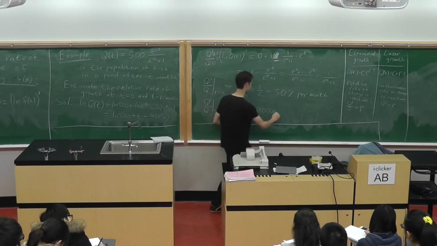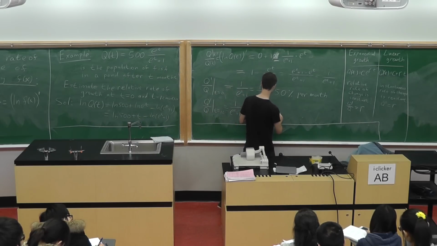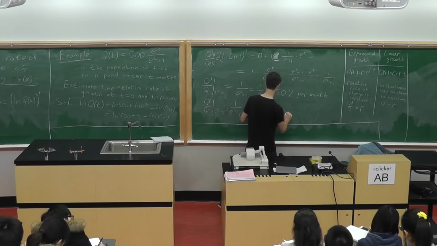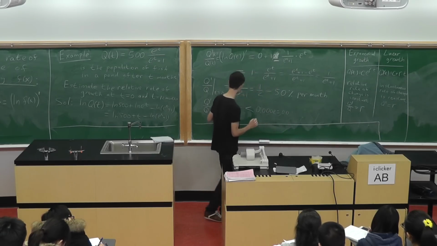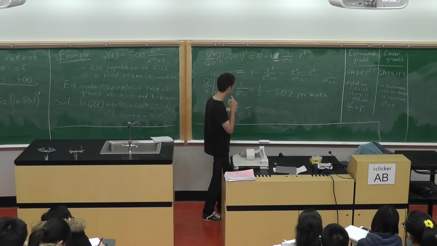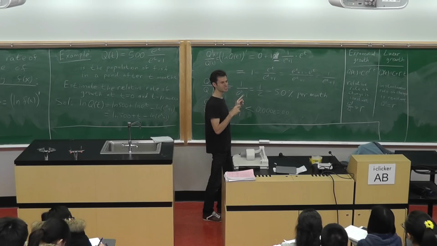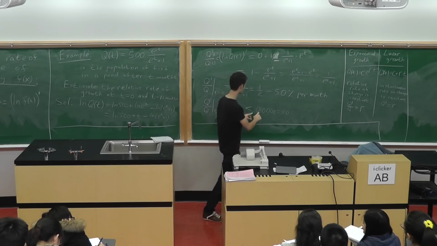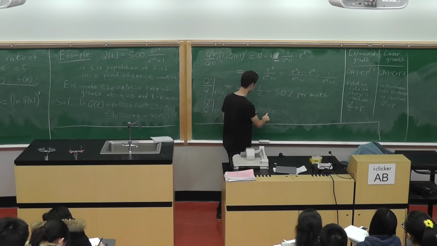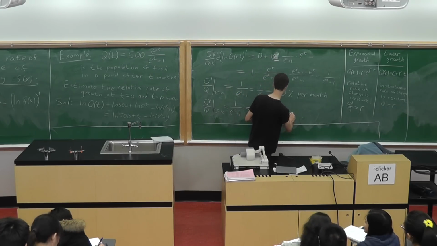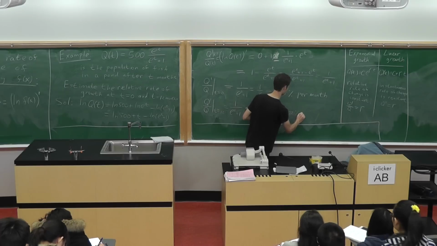Do I have one too many zeros? No, it's okay. So 0.002% per month.